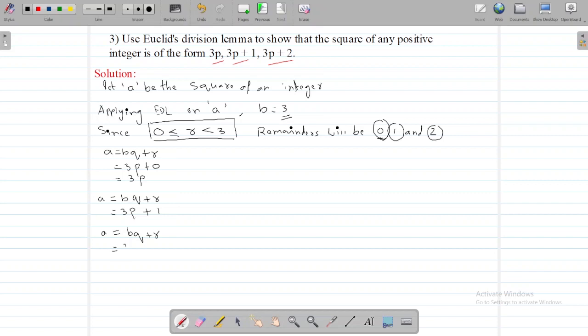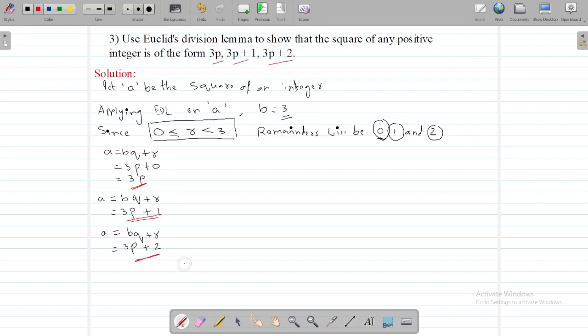Similarly, a is equal to bq plus r, so we can write 3p plus 2. So here we are getting three values, one is 3p, the other one is 3p plus 1, the next one is 3p plus 2.